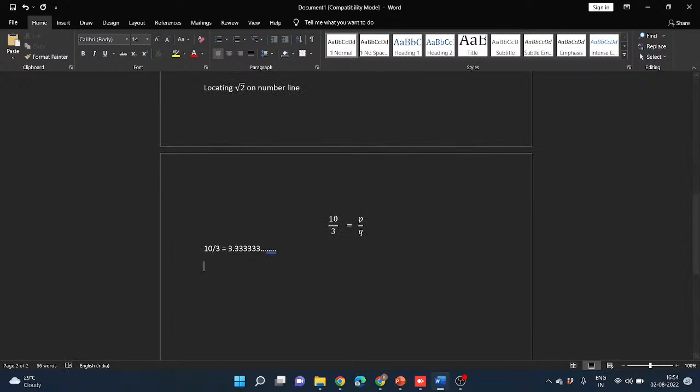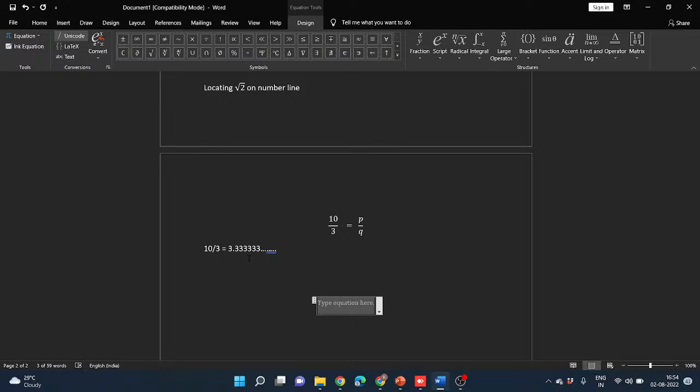Now let's take another example where the fraction is 7 upon 8. If 7 is divided by 8, we will get a decimal whose value is 0.875.